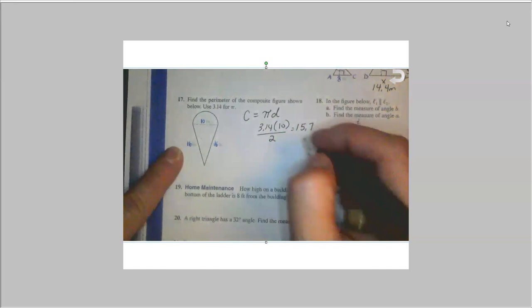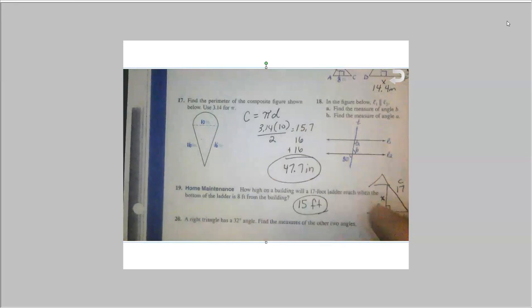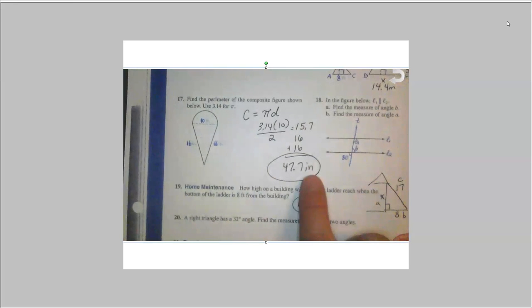And then we have to add that with 16 plus 16 all the way around the perimeter. And that gives us a total of 47.7 inches. Volume is cubic, area is squared, but perimeter is just that single unit of measure.